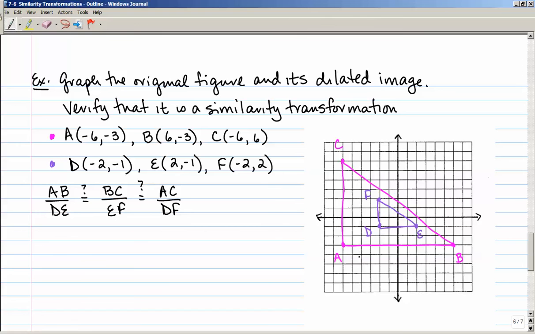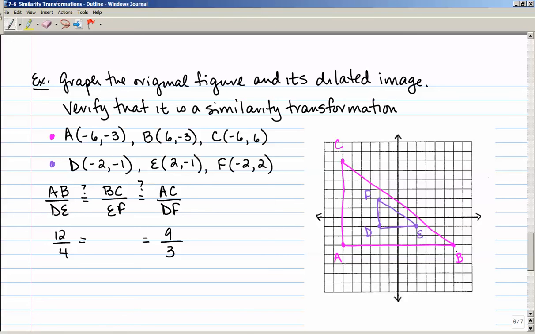So AB is 12 units. DE is 4 units. BC, I'll come back to that one later. AC is 9 units. And DF is 3 units.